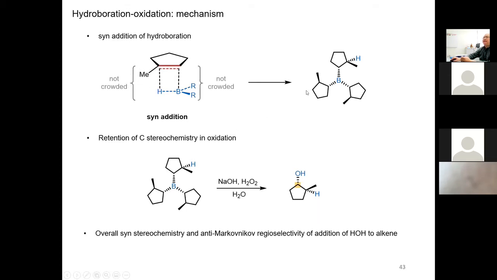Okay, and this step determines it's a syn addition and anti-Markovnikov. And the next step doesn't change anything of the stereochemistry. So the stereochemistry is the same as the first hydroboration. So the overall is syn stereochemistry and anti-Markovnikov regioselectivity.